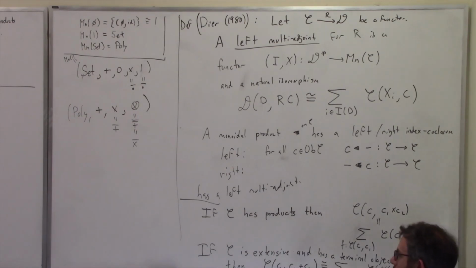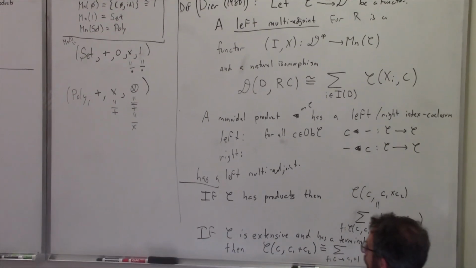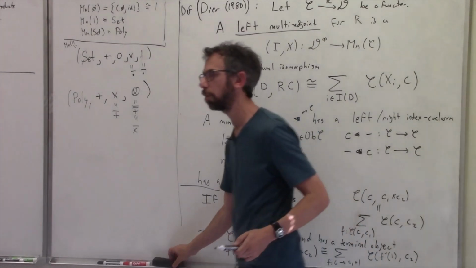So if you want to map from C into C1 plus C2, you could give a map from C to C1 plus 1, to maybe C1, and then take the stuff that went into the bad part and map that into C2. And so plus has an index co-closure a lot of times. So this index co-closure is pretty common.